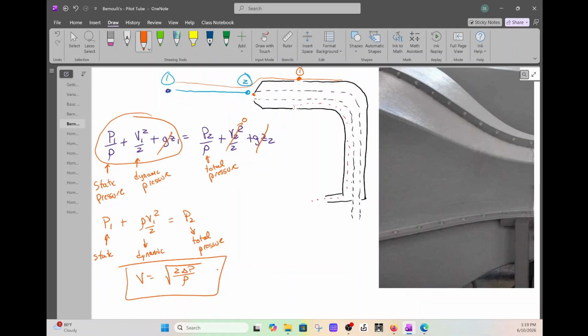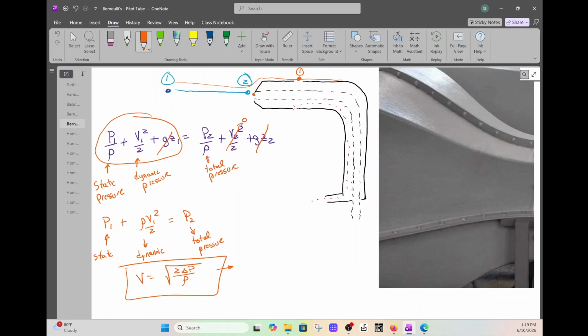So if you know it's a pitot tube, just go ahead and use this equation right here, square root of 2 delta P over rho. I hope this helps with the pitot-static probe. They are very useful. They're used on planes, and you could mount one to your car and calculate the speed of your car if you wanted to.